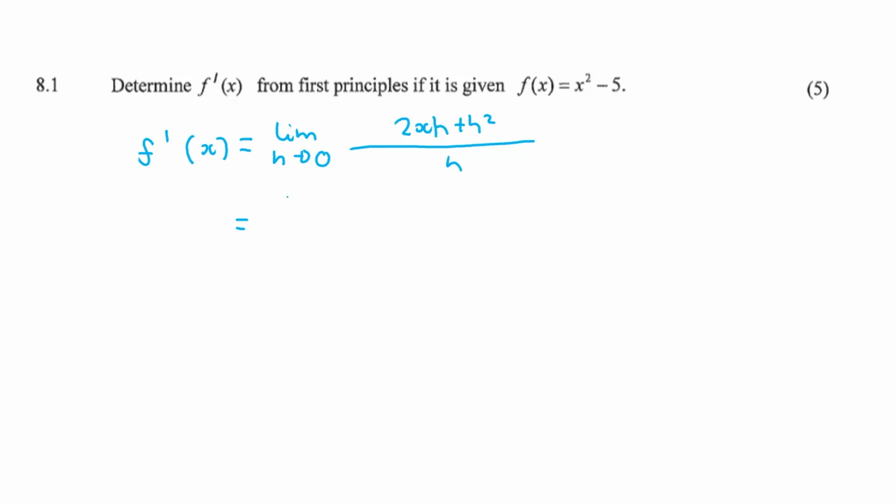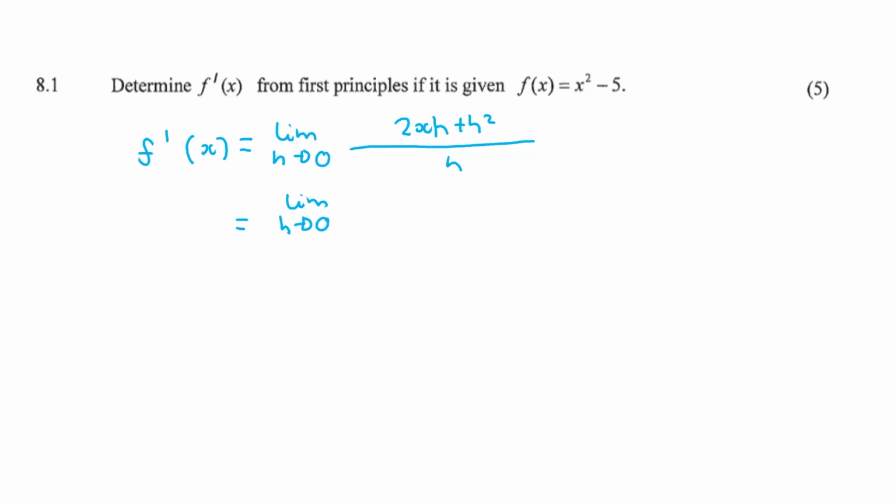Okay, and remember, we keep our limit right until we sub in our 0 into the equation. Why can't we sub in 0 immediately? Well, if we sub in 0, our denominator would be 0, and anything divided by 0 is undefined. So we just hold the limit until we remove the denominator.